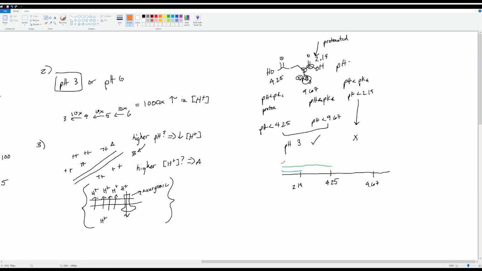And we know it needs to be less than 9.67 for the third group. And we're looking for where all of them overlap, which is there. So our overall pH, to answer this first part, needs to be less than 2.19 because that is where our overlap is.